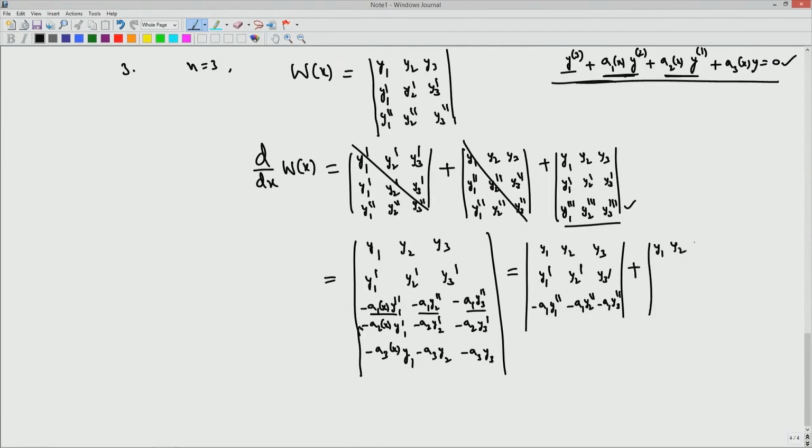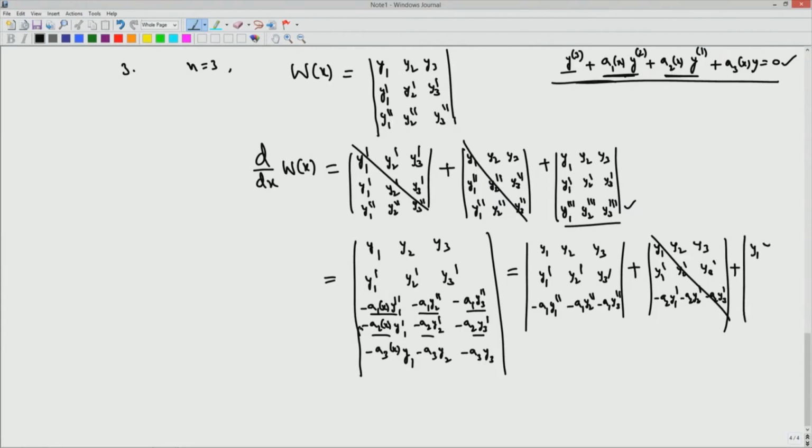So again y1 y2 y3, y1 dash y2 dash y3 dash. Here you pick up these 3 elements, so you have minus a2 y1 dash, minus a2 y2 dash, minus a2 y3 dash. These are the same because a2 is a function of x, which you can take out, then the second row and third rows are the same, this is 0.